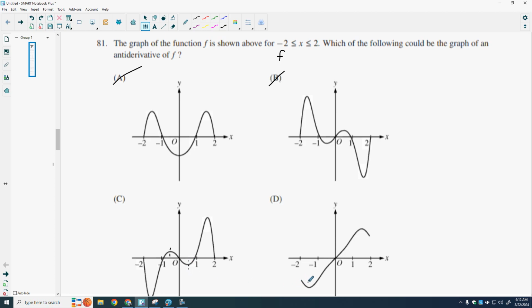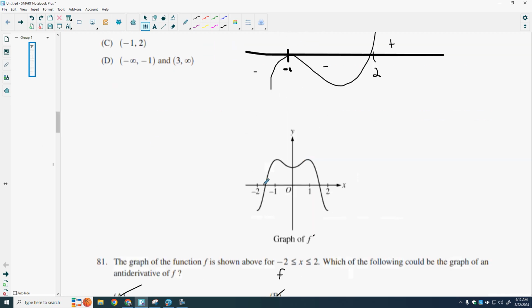We said my graph is going to be increasing, but not as quickly, and then it's going to increase again, right? My derivative is positive over this entire region. So my graph of f needs to be increasing from -1 point something to +1 point something. The entire time my derivative is positive.